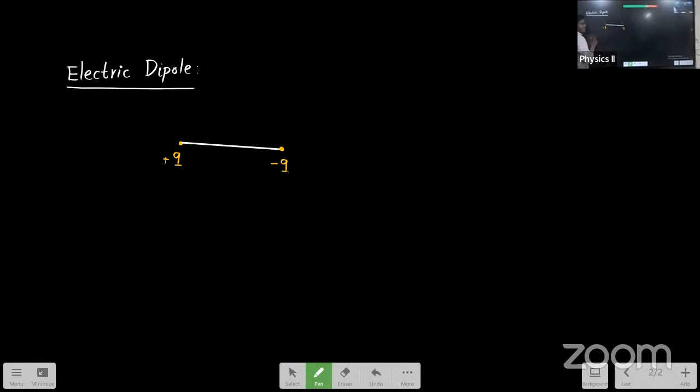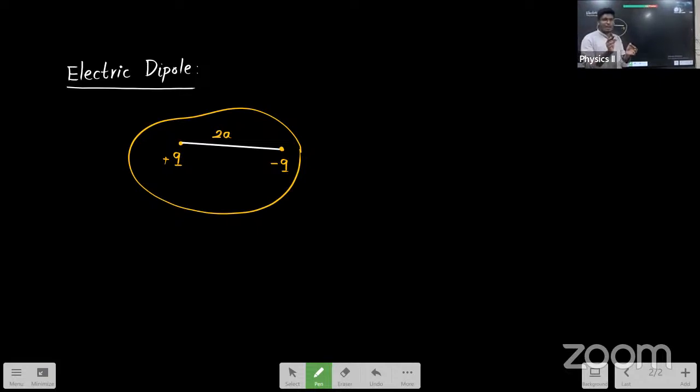Both have the same magnitude but opposite sign, and both of them are separated by a small distance 2a. This type of arrangement is called an electric dipole. So what is an electric dipole? Two equal and opposite charges separated by a small distance. This type of arrangement is called what? Electric dipole. And we will have one formula for electric dipole moment.